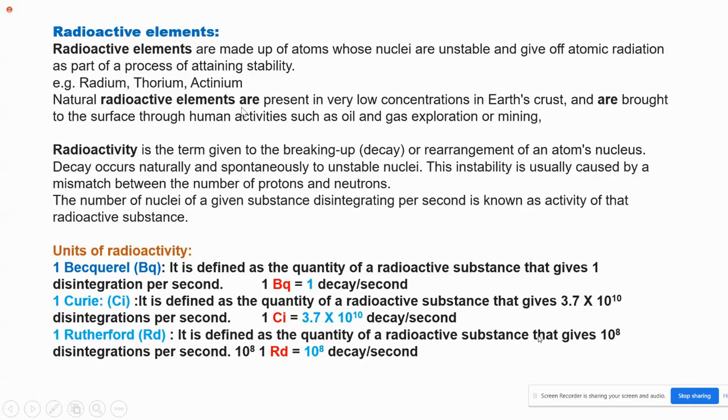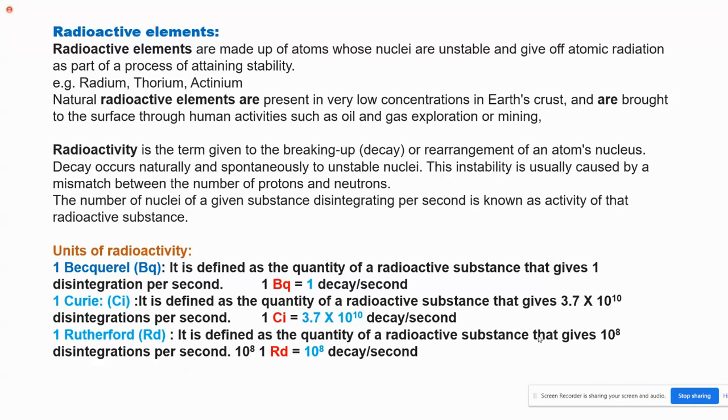Natural radioactive elements are present in a very low concentration in the Earth's crust. Though the number of radioactive elements is more, they are found in a very low concentration in the Earth's crust.